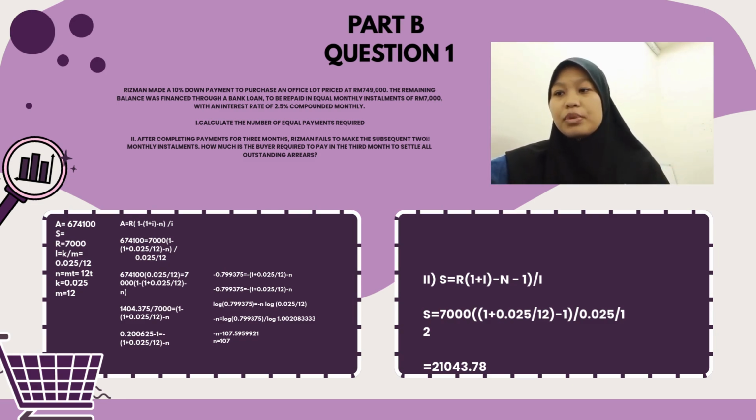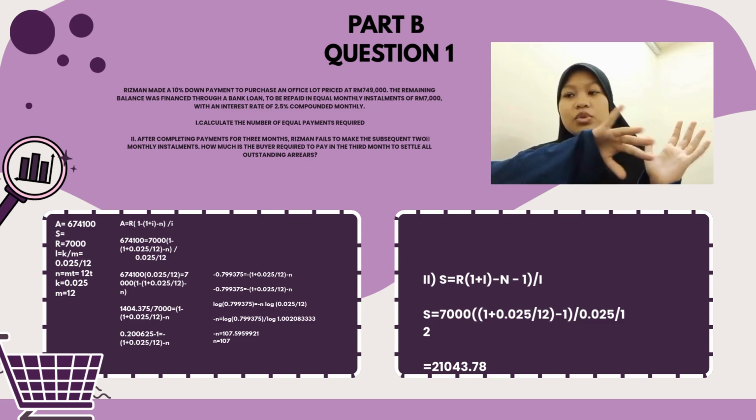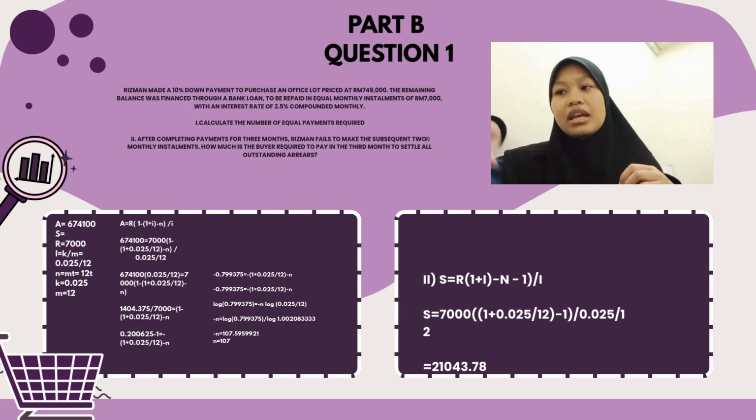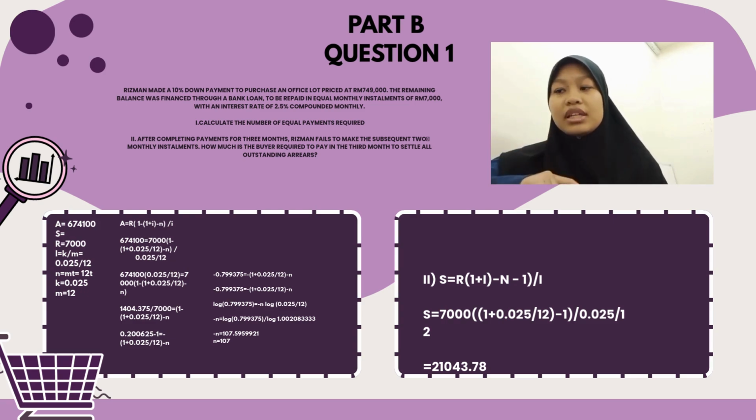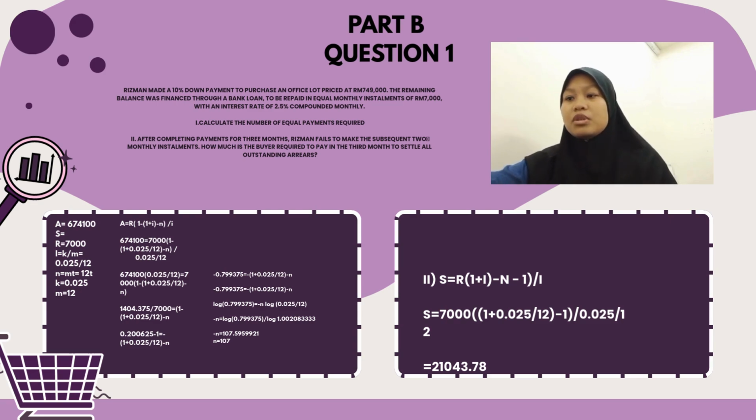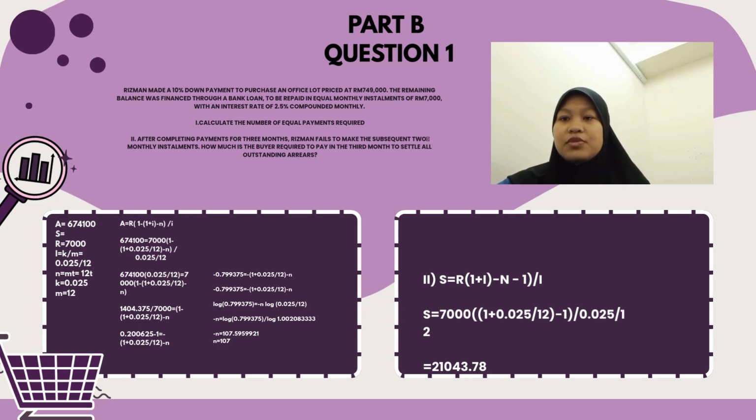Then you take the minus n to the left side and the rest of it to the right side, and it will become minus n equal log bracket 0.799375 bracket over log 1.002083333, and when you calculate it, it will become minus n equal 107.59599221, and the result will be n equal 107. And that's for the first question.